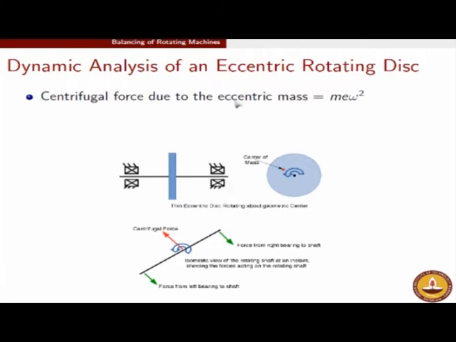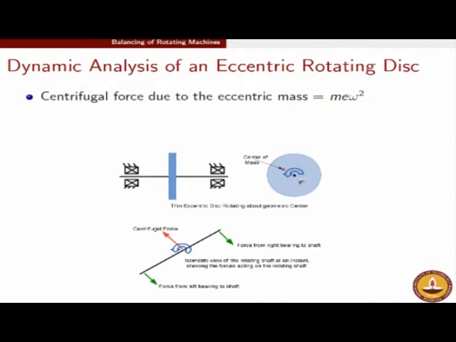So centrifugal force, as I said, is given by the good old formula, mass times eccentricity times omega square. You will recall that in your engineering mechanics class you would have got it as m r omega square. This time we are changing the symbol of r, instead of r we are calling it e.